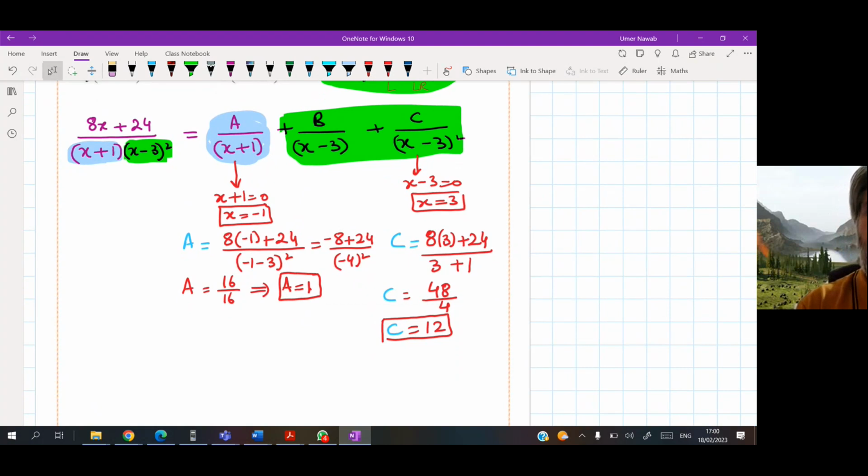After getting the value of A and C, now we need to find the value of B.